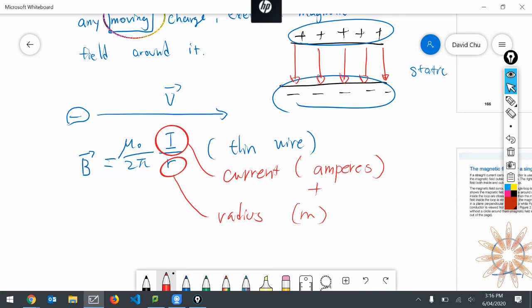And not to forget, mu naught is a constant, the permeability of free space, and 2 pi is 2 pi. So this constant here is 2 times 10 to the power minus 7.